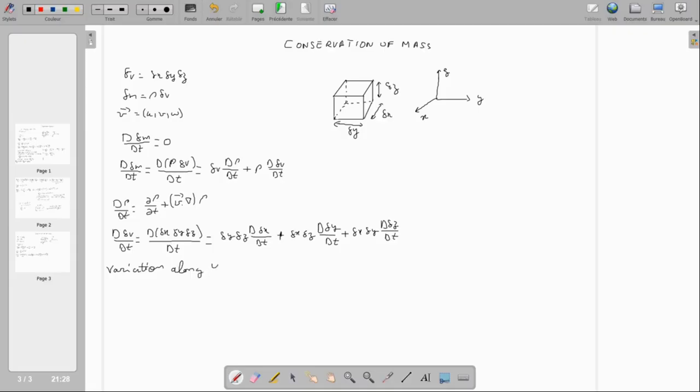The left face of the element is at y, moving at velocity v_y, and the right face of the element is at y plus delta y, moving at velocity v_y plus delta y.